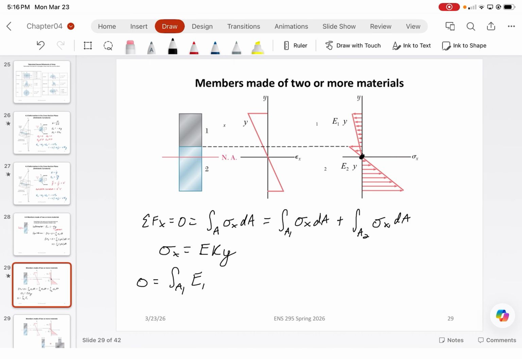So we know that curvature has to remain the same, times the y-coordinate, dA. And then if you think about it, we are just going to have the same exact equation for material 2, E2 k y dA. I forgot a negative sign here, so make sure that gets incorporated. That's why we have the negatives here and the subtractions.